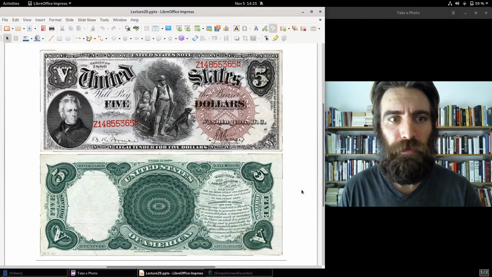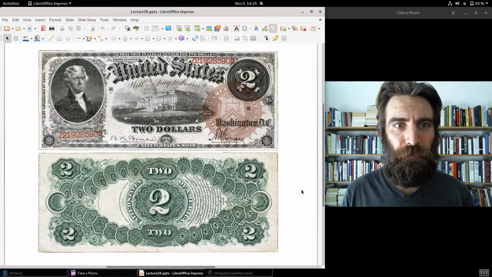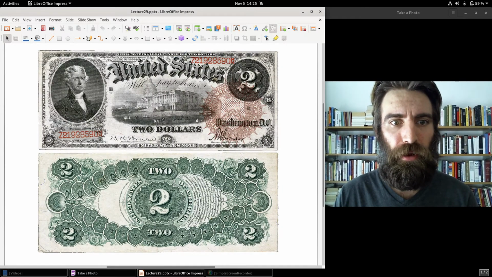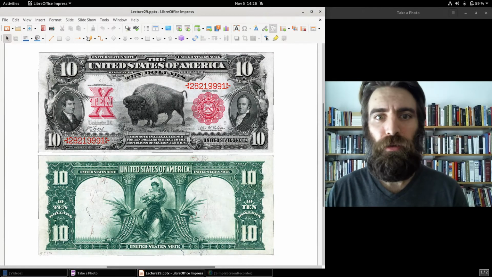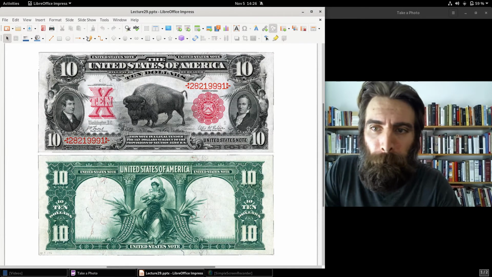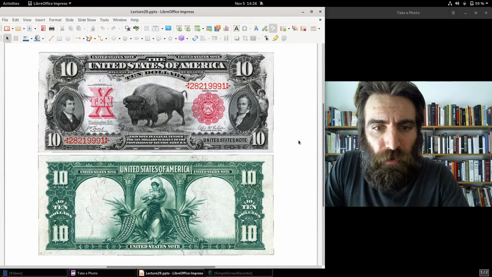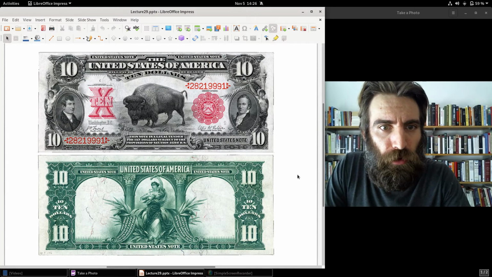It's issued by the federal government. There's Jefferson, a $2 United States note. This one's cool. This is from 1901. There's a bison on the front. Lewis and Clark of Louisiana fame. That's a gorgeous, gorgeous note.